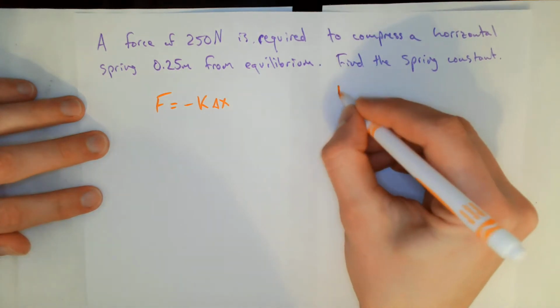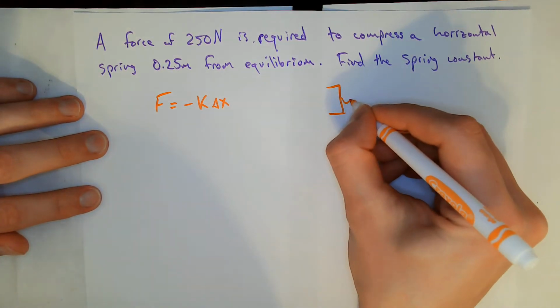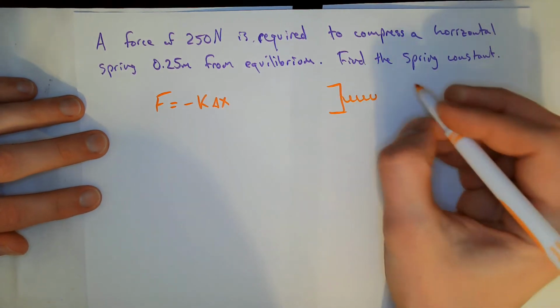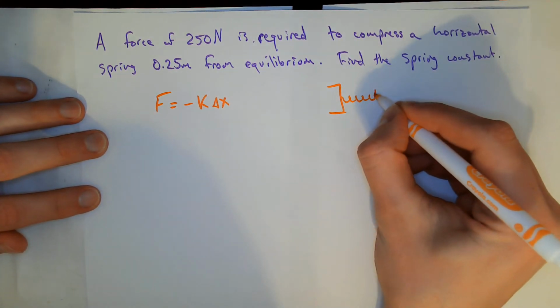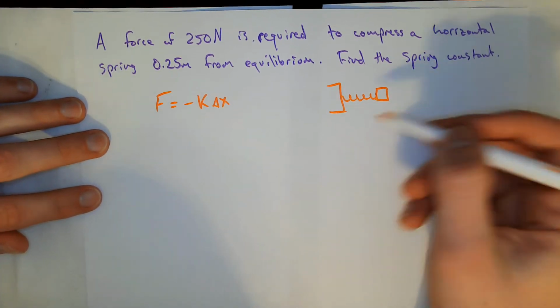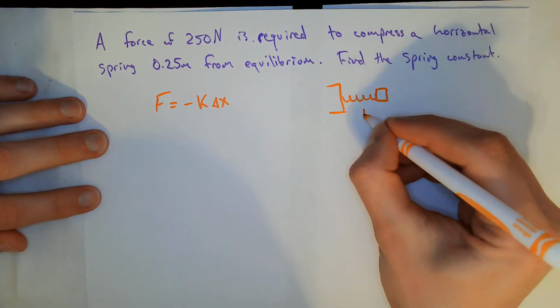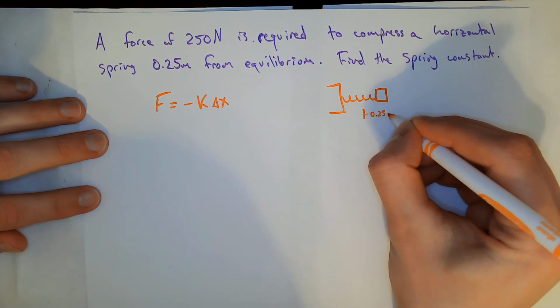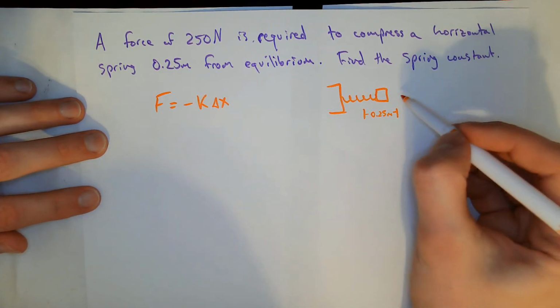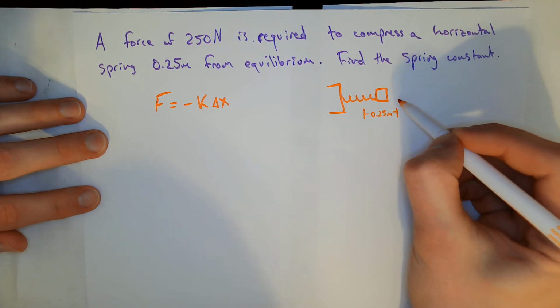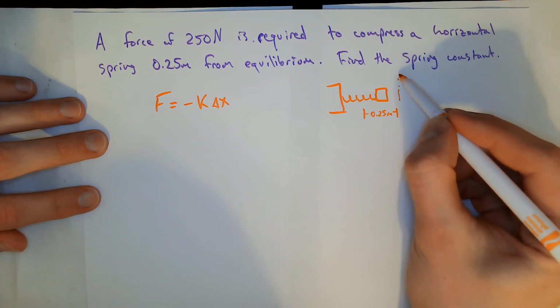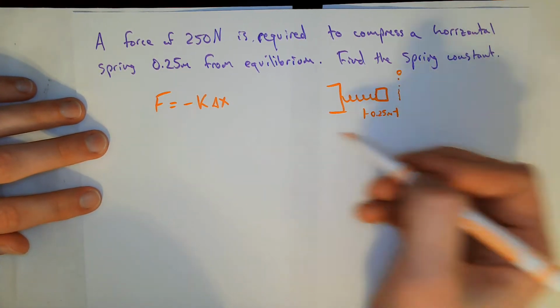So the spring is attached to a wall maybe, and we're compressing it with some object, our hand or something, pushing it, compressing it 0.25 meters from, maybe this was the rest point. So this is at point 0, and we're compressing it that way.